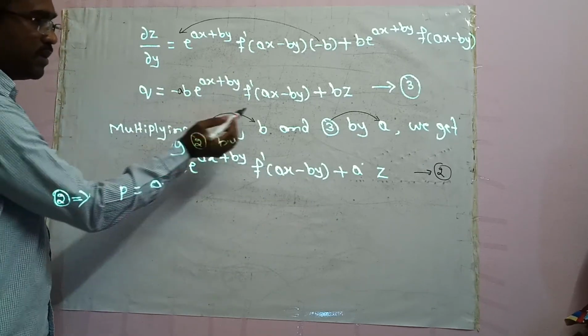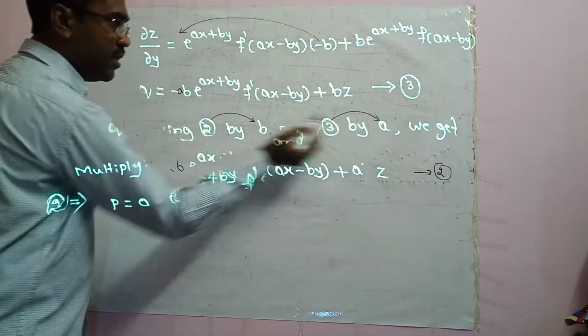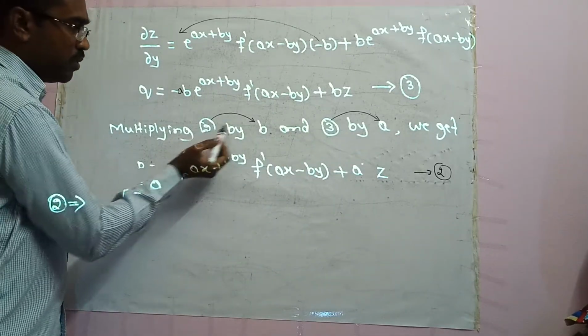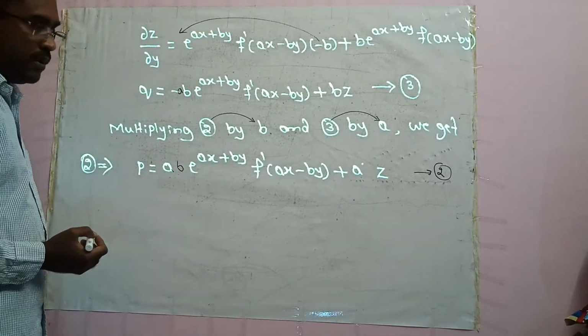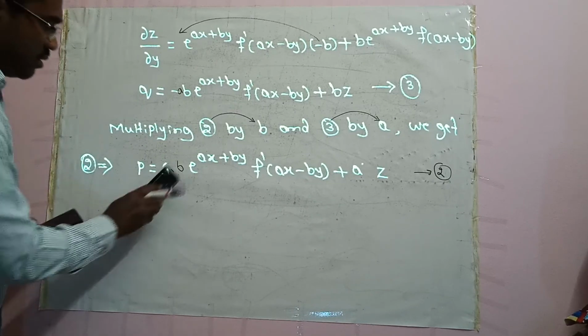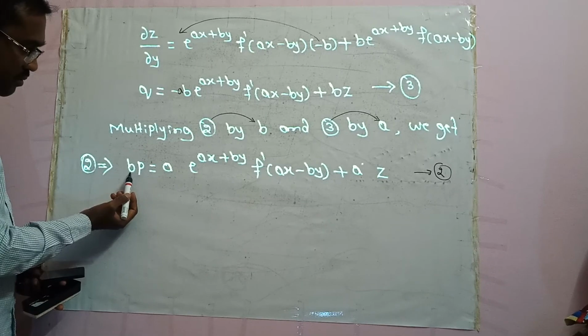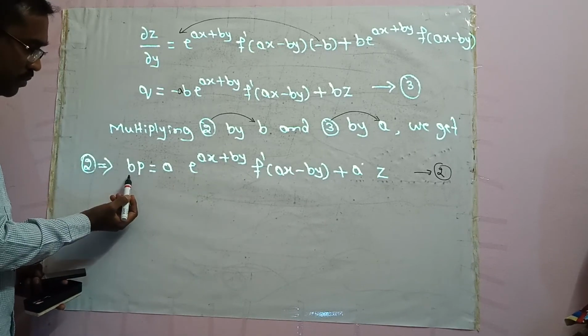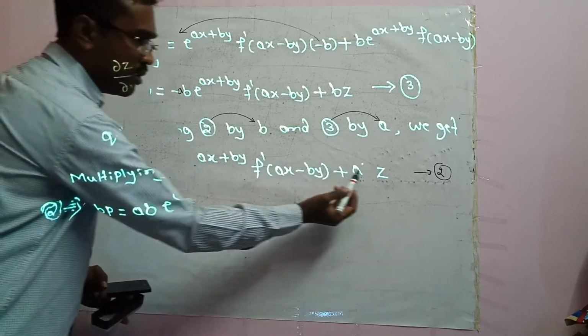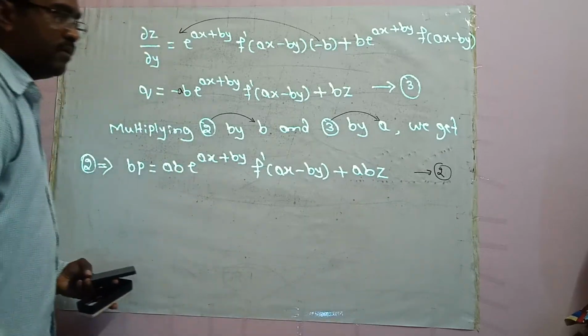That's why we are going to multiply equation 2 by b and equation 3 by a. So this is the logic here. So let us multiply b now. Throughout we need to multiply b, here also b. We have multiplied.